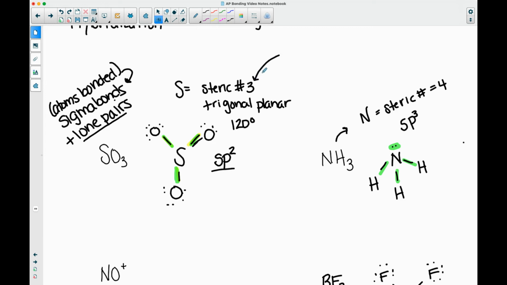That gives us our steric number. We start with s, we add up to 3 p's, we add up to 2 d's. s p3 d2 would be a steric number of 6. s p3 d would be 5. sp3 is 4, sp2 is 3, sp is 2.